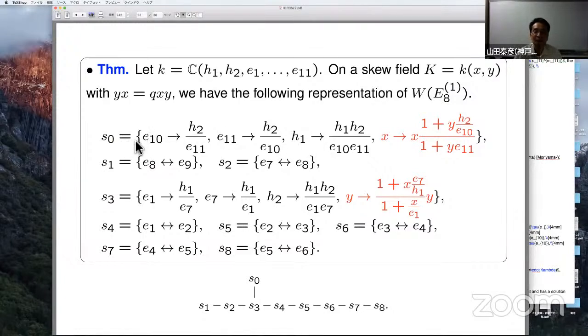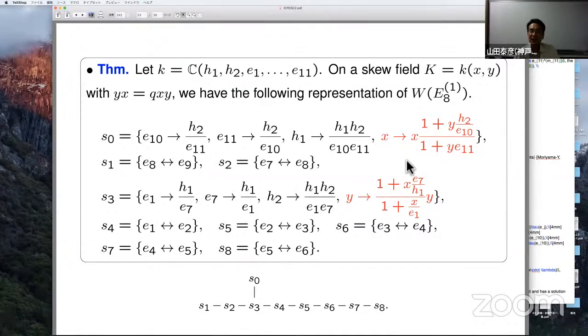And again, many of the actions are nothing but the exchange of the exceptional divisors, and the only non-trivial ones are S0 and S3. That corresponds to these nodes.